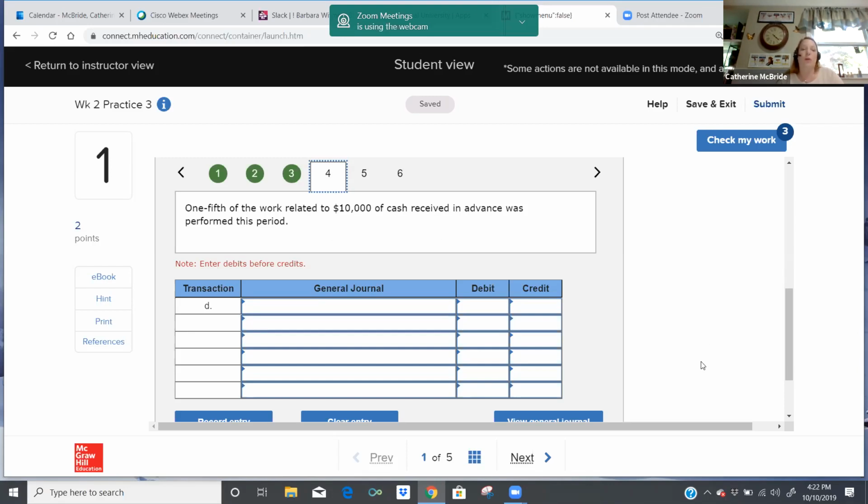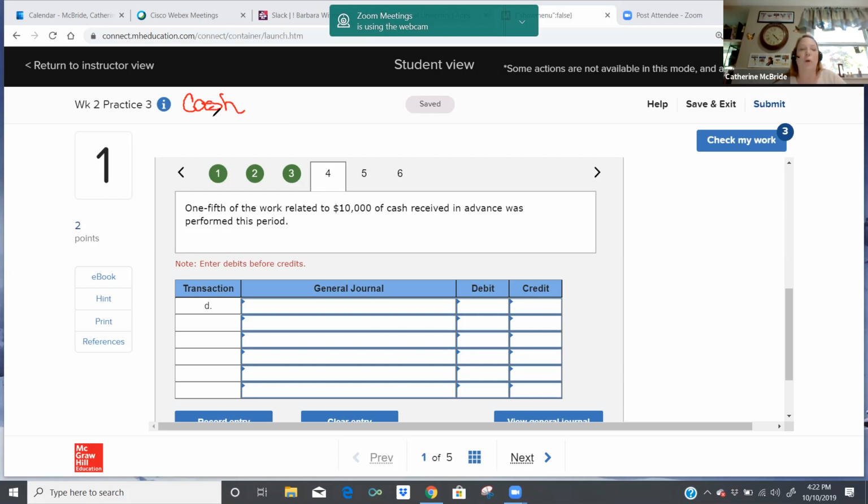One-fifth of the work related to $10,000 received in advance was performed this period. Okay, so for this, we have to think about what happened in the past. So what happened first? First, we received cash of $10,000.